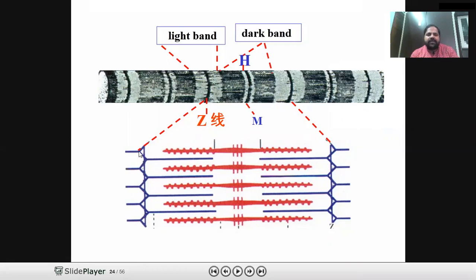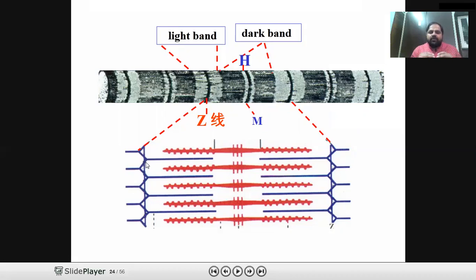We can see that this blue colored structure is representing the actin filament, and this red colored structure is representing the myosin. So we can see that myosin is there and actin is there. Over this structure we can see actin is present, and actin slides over the myosin.